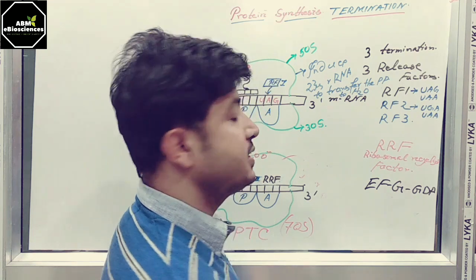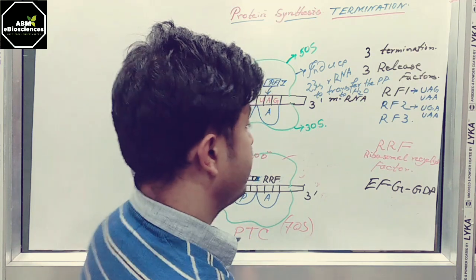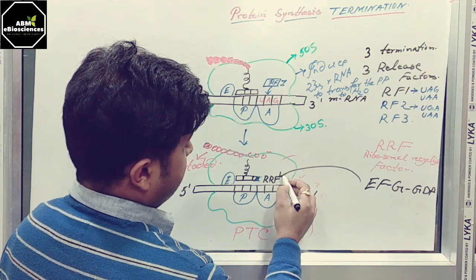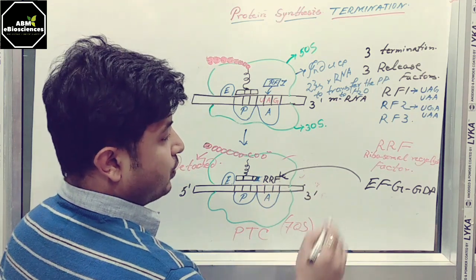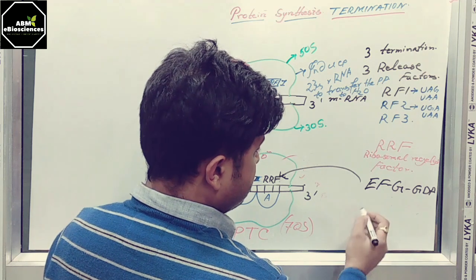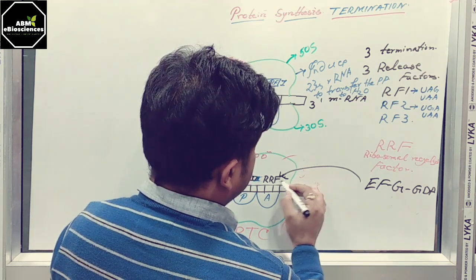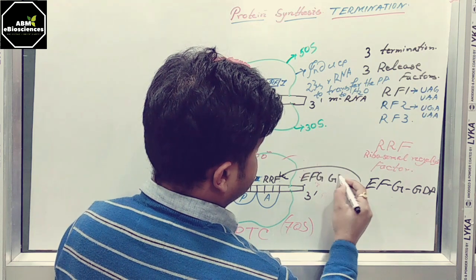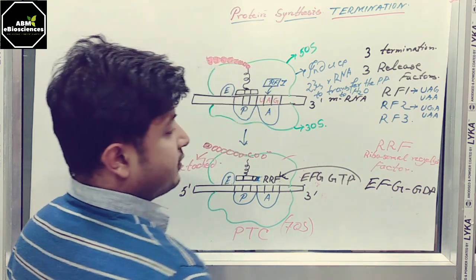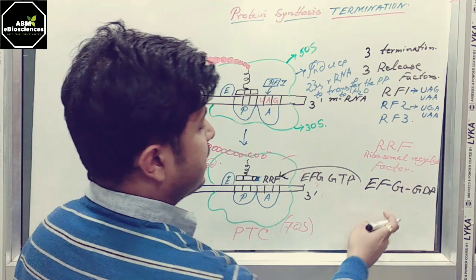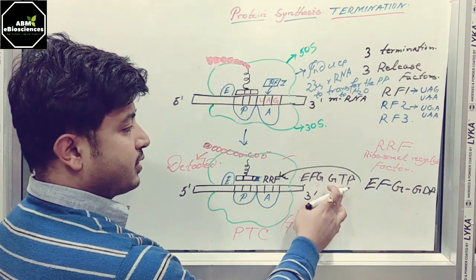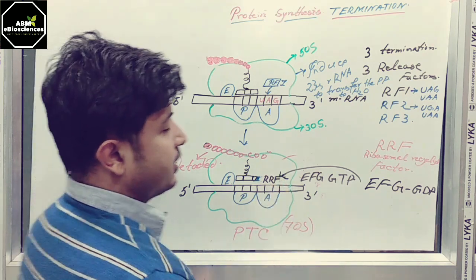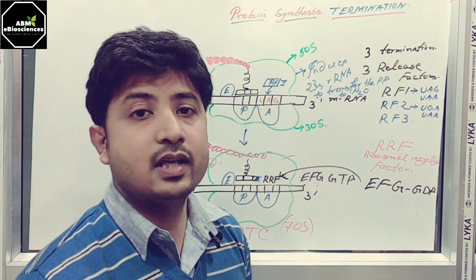Now here EF-G is again in the scenario, where it will interact with the RRF with the help of GTP exchange, and form RRF EF-G GTP. So EF-G is coming as a GTP.